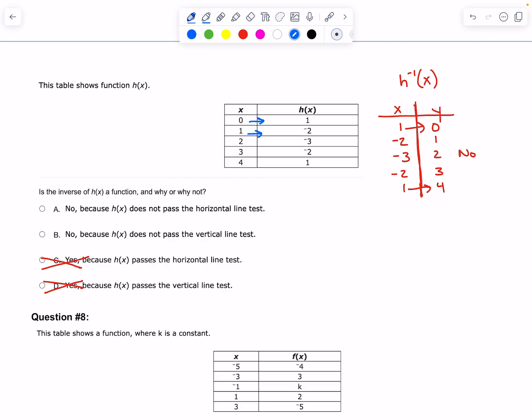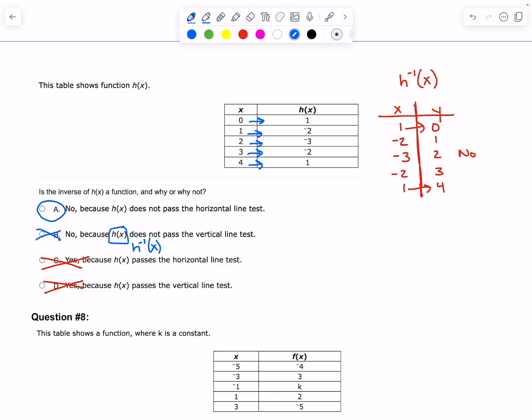Each x is different and goes with only one y value. So we could say no, and it's because the inverse function would not pass the vertical line test. It's not because the original function does not pass the vertical line test. So it'd have to be A, because answer choice B would be right if it was talking about the inverse.